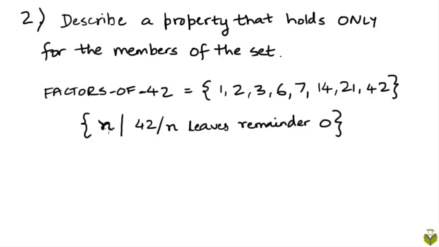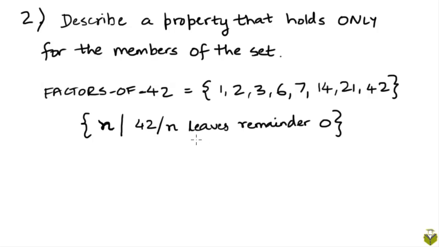It's a variable that stands for any arbitrary member of the set factors of 42. So we're saying that take any member from that set, we can represent that member by n, and we can say that the property shared by every member of this set is that 42 divided by that member, which we are representing as n, leaves a remainder of 0.